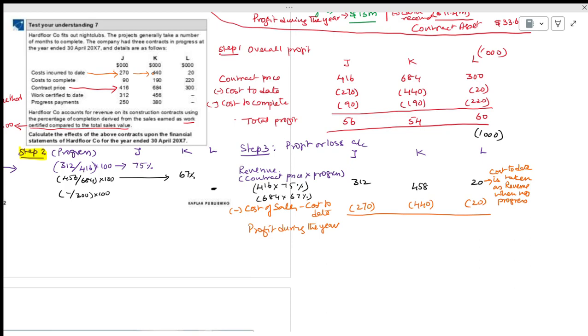312 minus 270, 30 plus 12, 42. Here it has been given as 456, because we have rounded off.